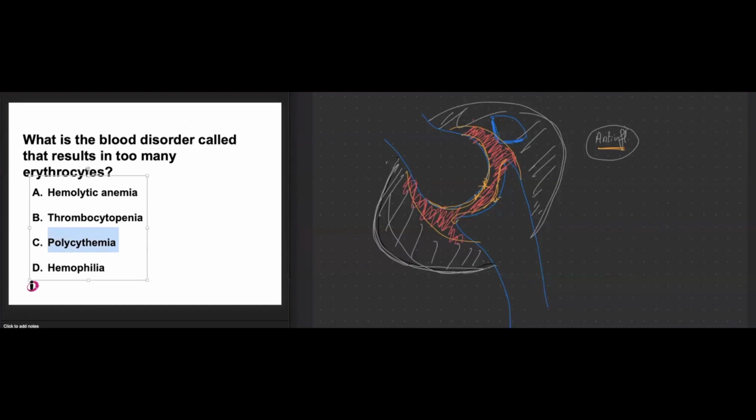Exactly. So this completes our discussion of the blood chapter. We're gonna start our discussion after break with immunology.